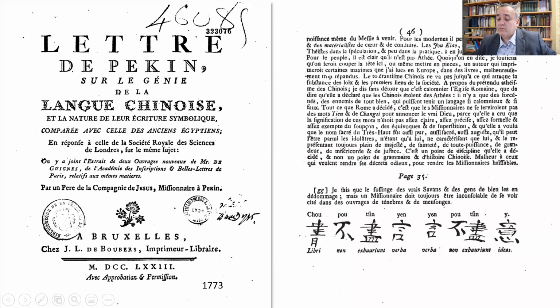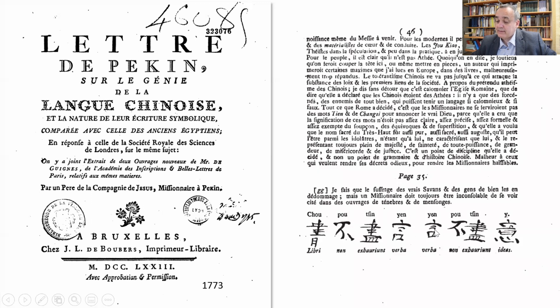This book was published in 1776, and the letter dates almost 10 years earlier, I think 9 years earlier. You can see here on the right side, we have a whole sentence again, and we can see that it actually goes from left to right.